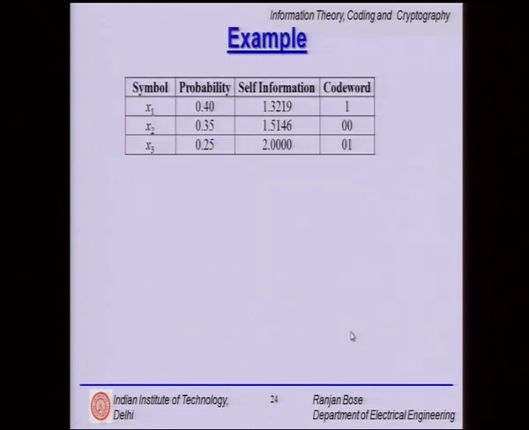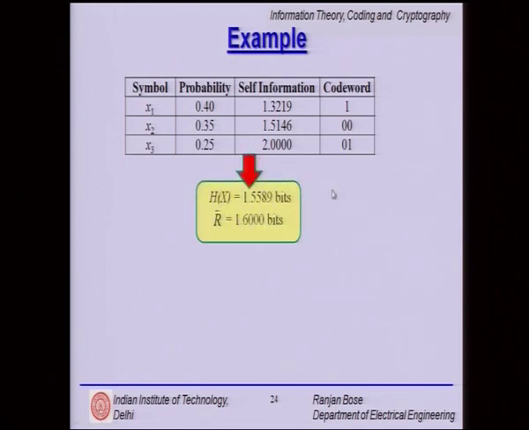Let us look at an example. This time let us have 3 symbols only with probabilities 0.4, 0.35, 0.25, and mechanically I find my self information for these 3 and I do a Huffman coding and I get 1, 0 0, 0 1 as my 3 code words. Very simple. H(X) is 1.55 and average code word length is 1.6 bits.